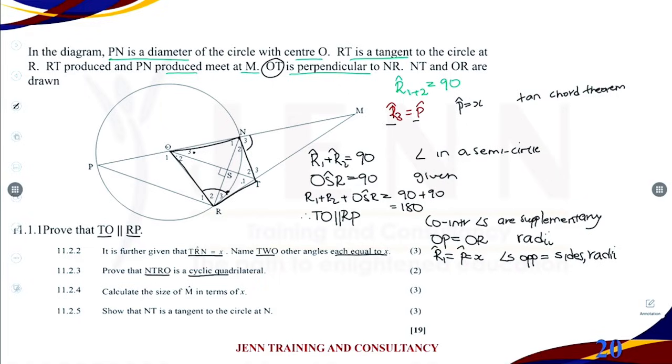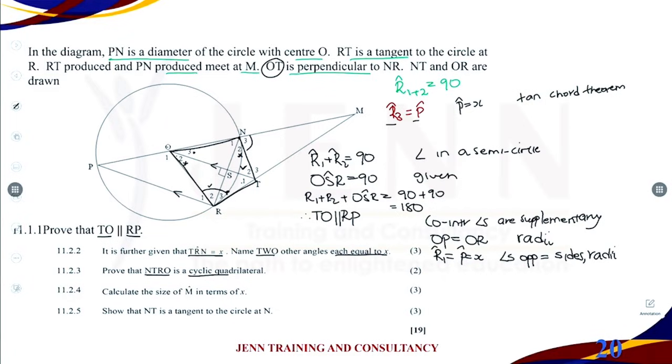Or that N2 is equal to O2, or that angle R2 is equal to angle T2. So there are so many ways that you could use to prove that NTRO is a cyclic quad.